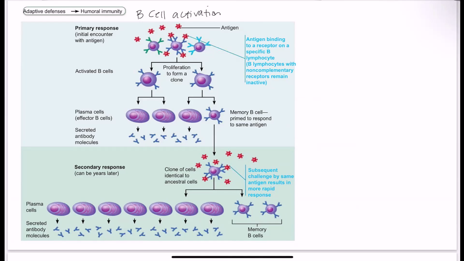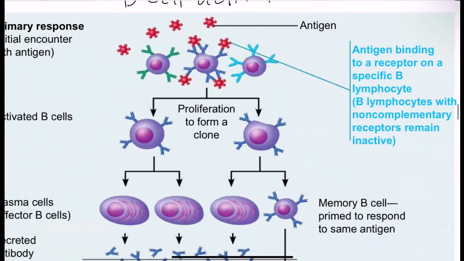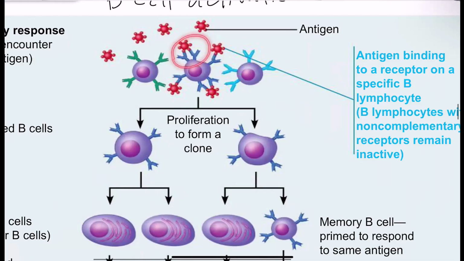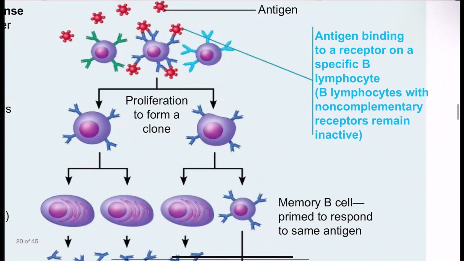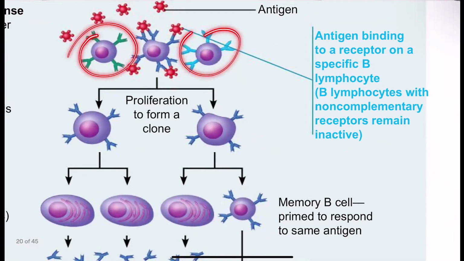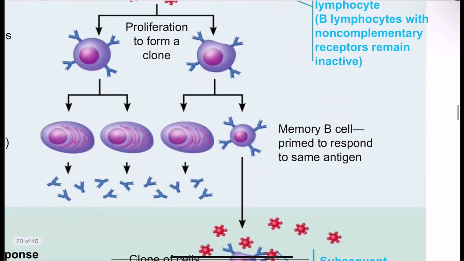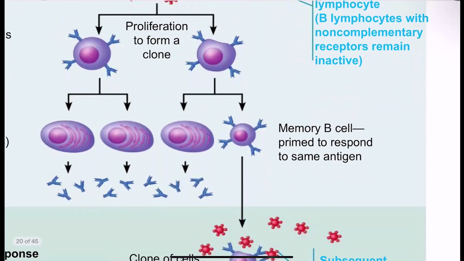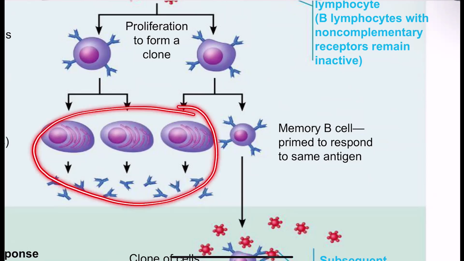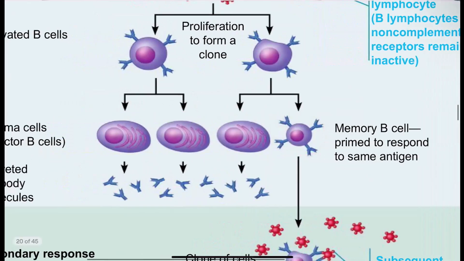So what happens is the antigen binds the receptor on a specific B cell. And so these other two, the green and the light blue, stay inactive. And then the B cell starts to divide, forming clones, exact copies of themselves. Those clones then become either plasma cells or memory cells.